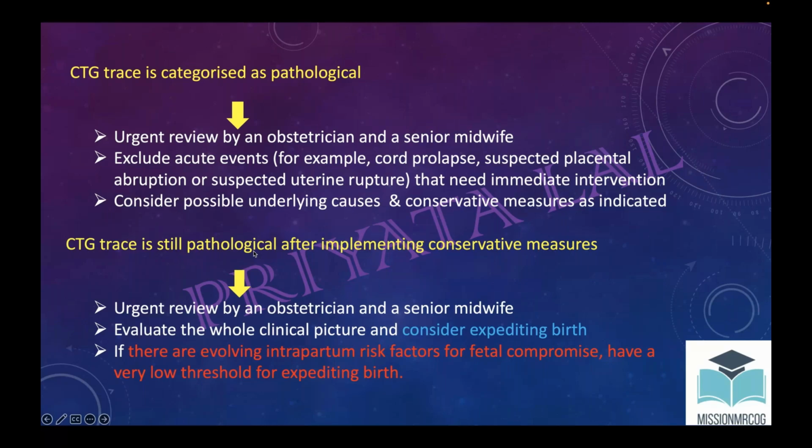Urgent review and evaluation of the whole clinical picture, and consideration for expedition of birth. But if new features are coming and the trace is pathological, then the threshold is to be low for expedition of birth. So that means expedition has to be done.